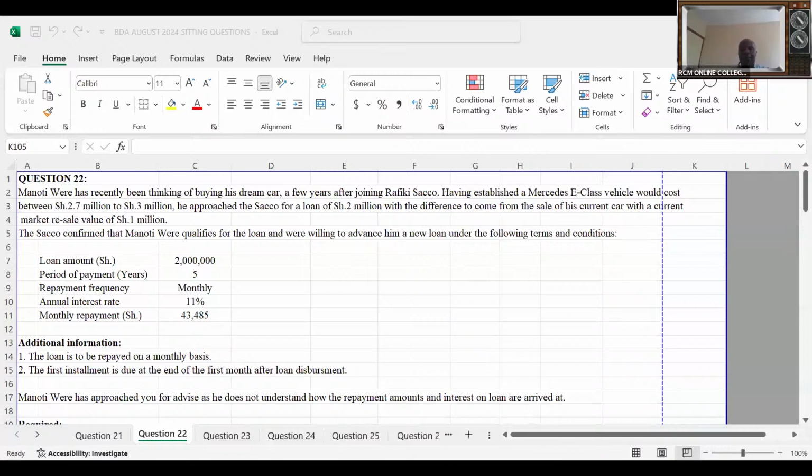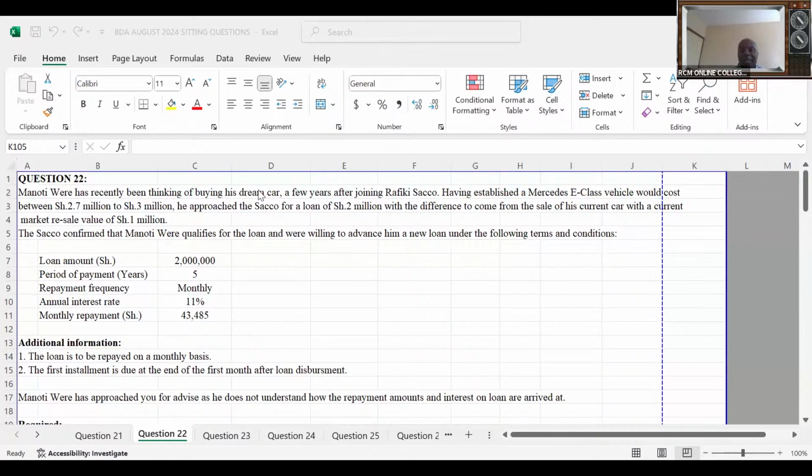So this is Advanced Excel, Business Data Analytics. I'm looking at the paper that was done last semester, August 2024, where we are told, question number 22: Manoti Were has recently been thinking of buying his dream car a few years after joining Rafiki Circle.